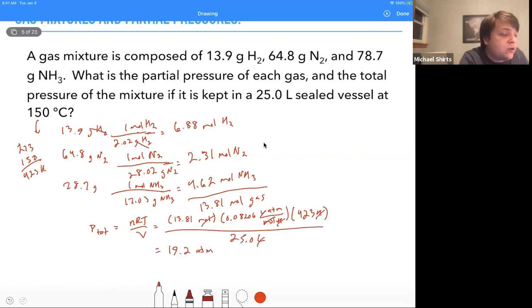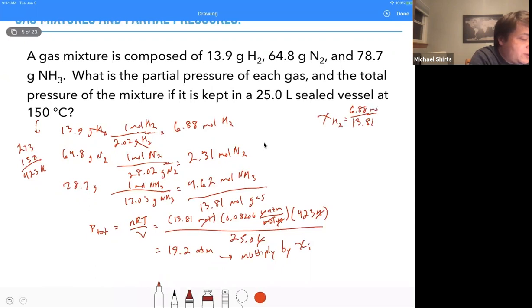So now, in order to get Pi, we're going to multiply by the mole fraction. So the mole fraction of hydrogen is going to be 6.88 divided by 13.81.